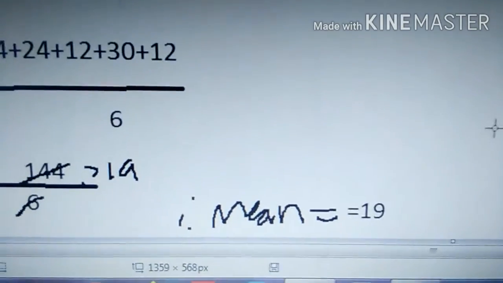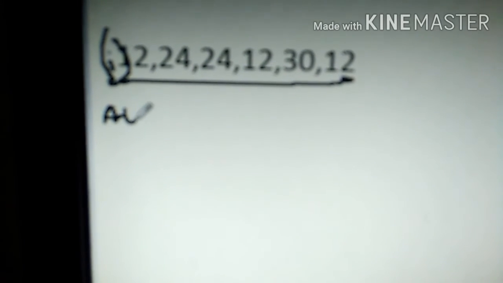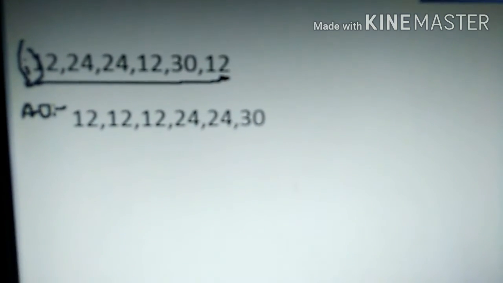Next, we will find the median for all these observations. Now there are 1, 2, 3, 4, 5, 6, so 6 observations. They are not arranged in ascending order, so first we need to arrange them in ascending order. I have arranged them in ascending order.